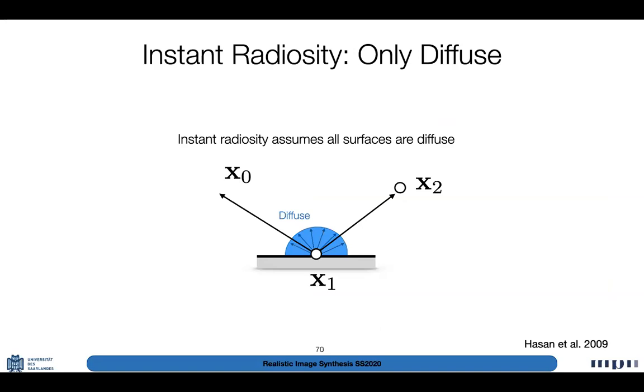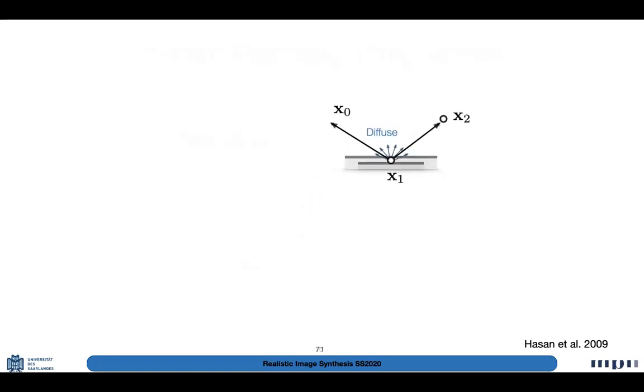One of the problems with instant radiosity is that it simplifies the full light transport equation by assuming only diffuse surfaces. That helps them simplify the full mathematical formulation and use the VPL approach. But if there is a glossy term, that could be problematic.